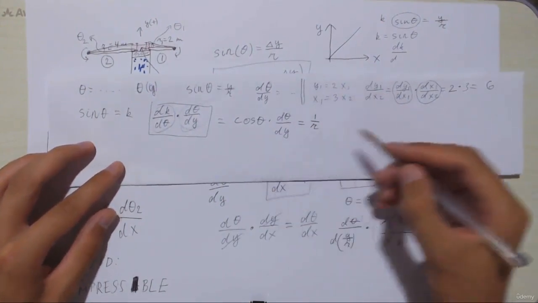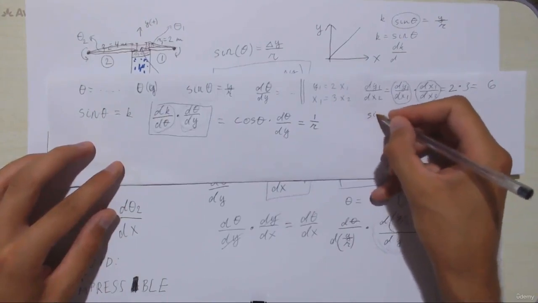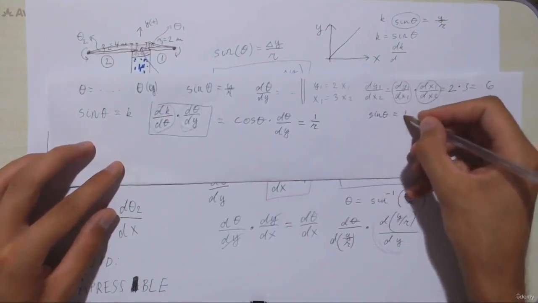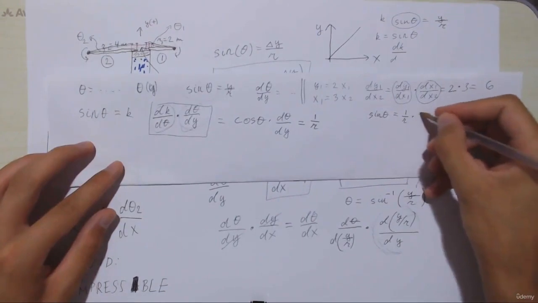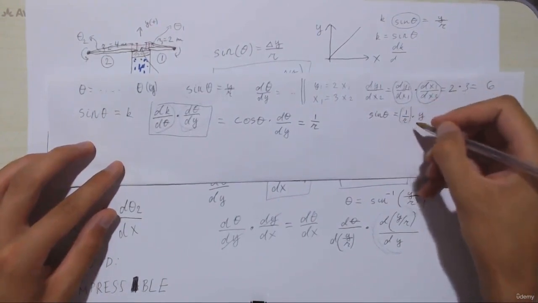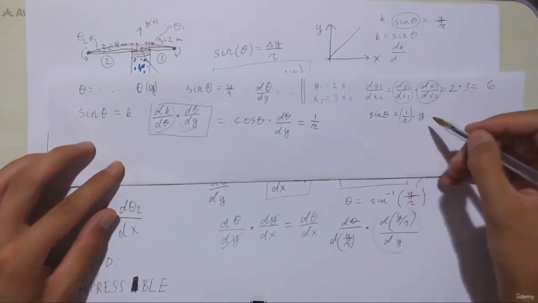Why? Well, because sine theta equaled 1 over r times y, right? So this is like a constant. We treat it as a constant.